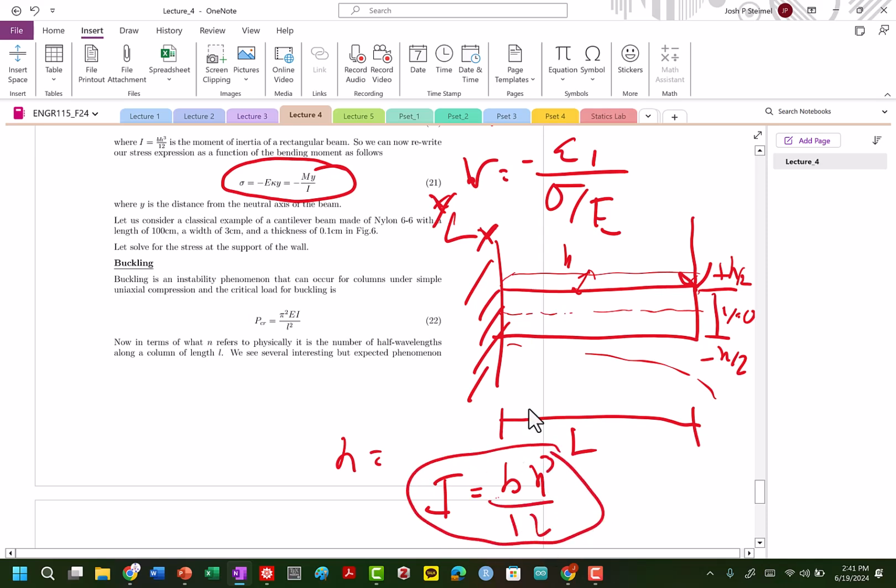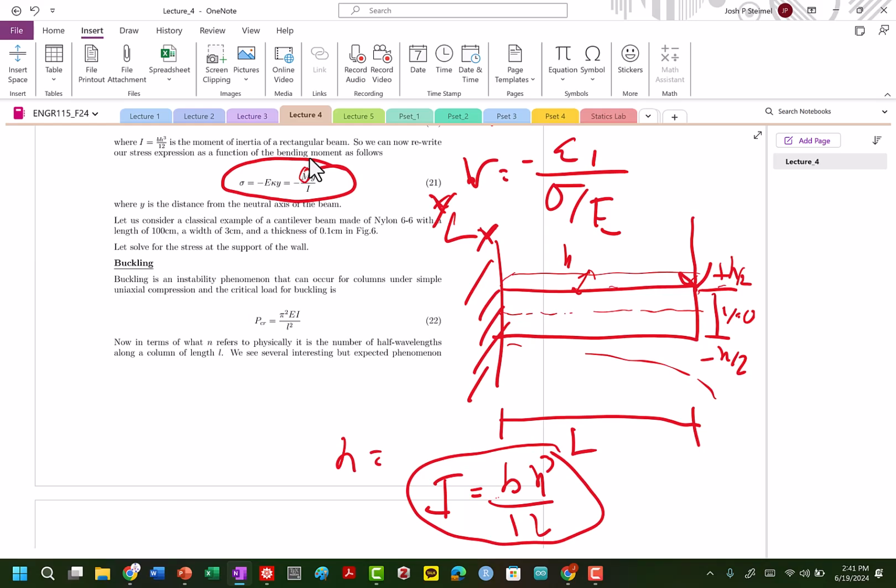So that's for rectangular beams. Basically, we can calculate the stress at the top of the beam as a function of this distance y, so plus h over 2 or minus h over 2. And it's going to depend on the moment. So we can calculate stresses in our beam based on this expression.